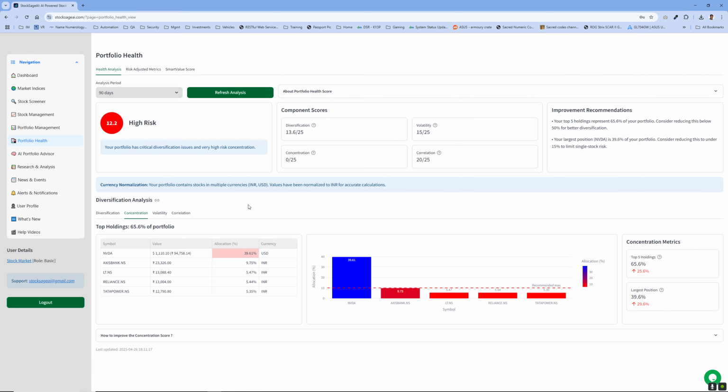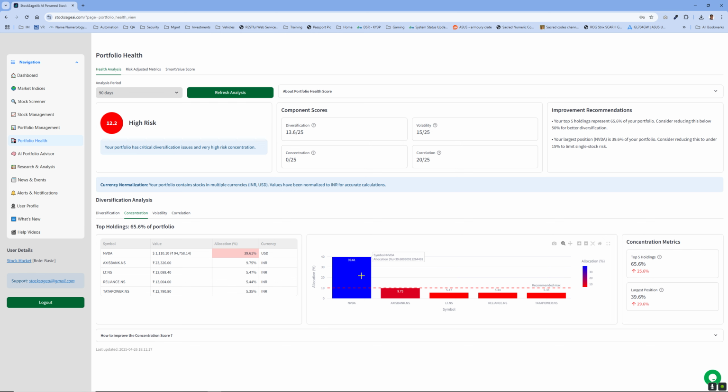Similarly, if I go to concentration, it actually figures out, is there a specific stock where we have invested too much, or are we too much concentrated in that? For example, we just added Nvidia, and if we see, we have done almost 40% allocation of our funds into one stock. So tomorrow, if there is an issue, if the stock falls, it's very highly volatile, it will actually impact our portfolio a lot.